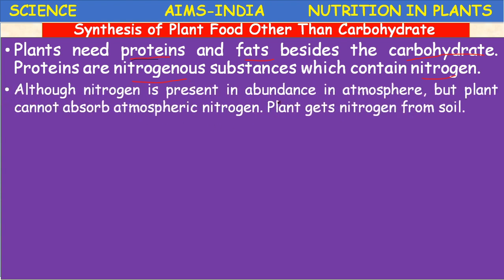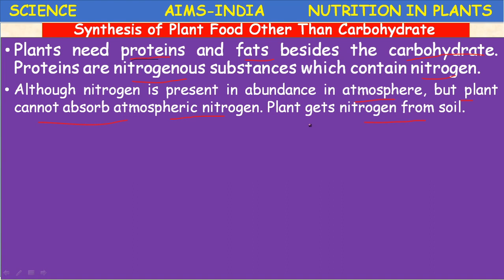Although nitrogen is present in abundance in the atmosphere, the plant cannot absorb the atmospheric nitrogen. Plant gets nitrogen only from the soil. So what is the main function of roots? To absorb the water and minerals present in the soil. The nitrogen which is present in the atmosphere is in the form of N2, elemental form.